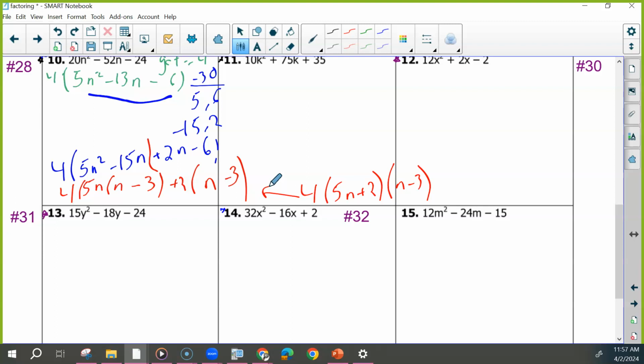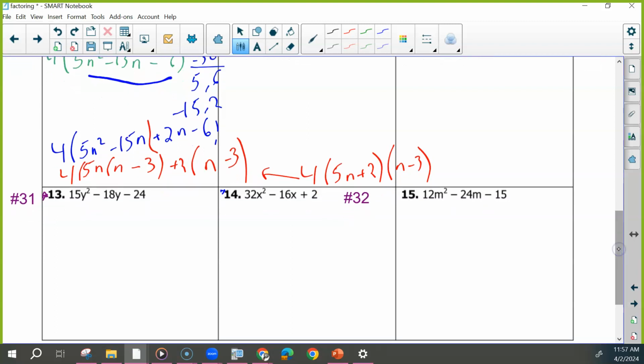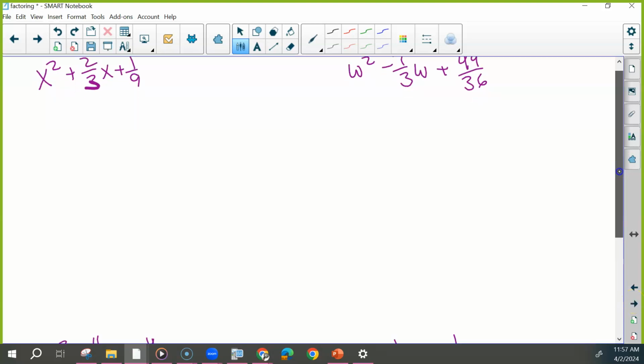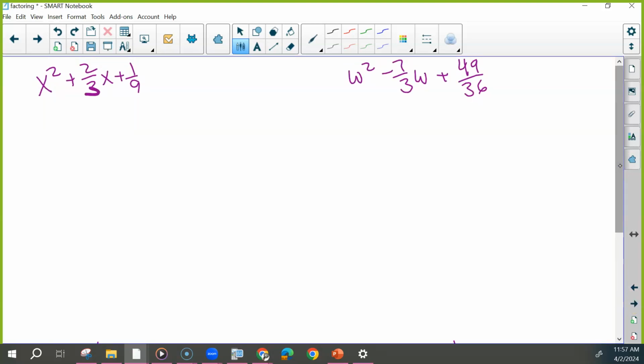So it doesn't matter where, somewhere where you have space, it could be on this page, on the back, on the front, I want you to write this down. X squared plus 2/3 x plus 1/9.